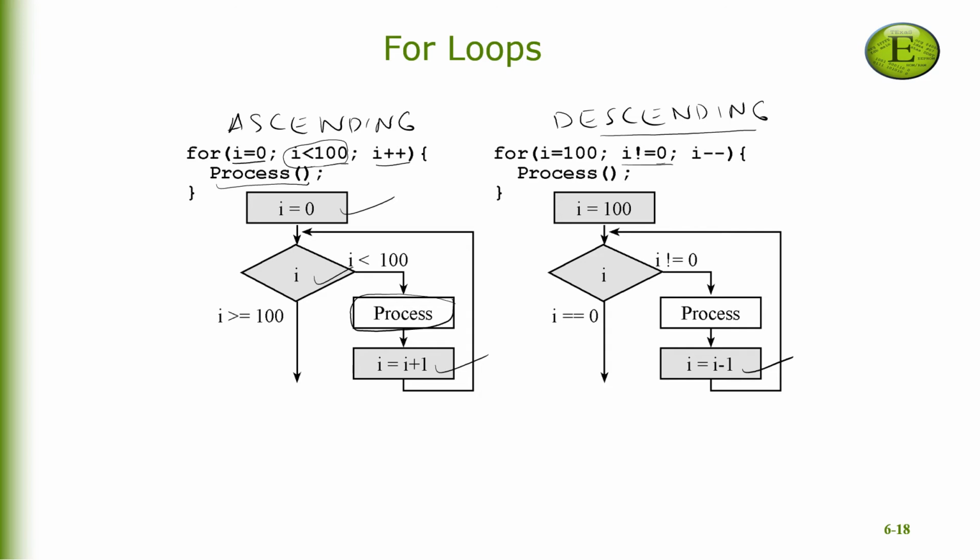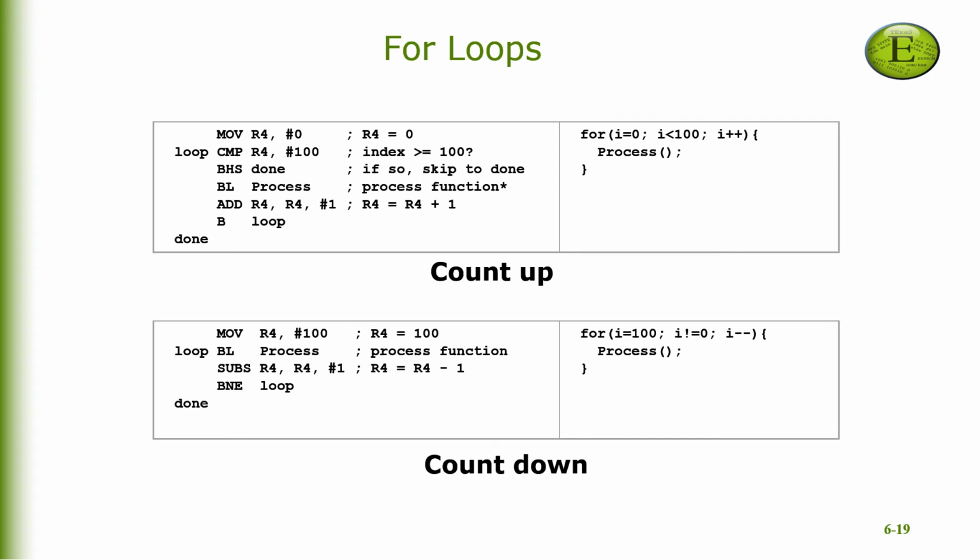And now we are going to look at the corresponding assembly code to implement the for loop using the conditional branch instruction. For example, if we are interested in implementing the ascending for loop, we initialize a variable such as I with 0. In that case, because the value is known, this constant, we can store this value directly into the register R4.